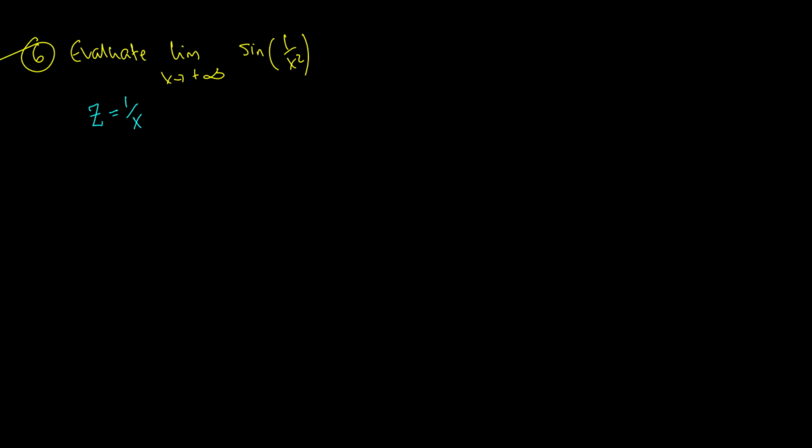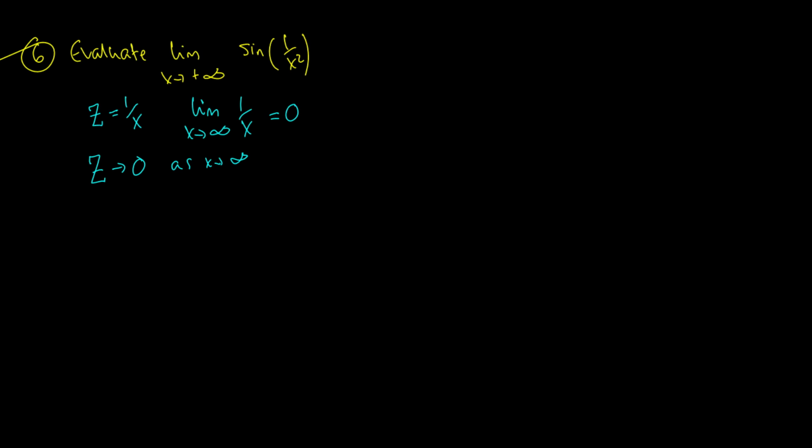Okay, well, we're going to take the limit as x goes to infinity of 1 over x. And what do we know? Well, as x goes to infinity, then we get 1 over an incredibly large number, which is equal to 0. So we can say that z tends to 0 as x goes to infinity.